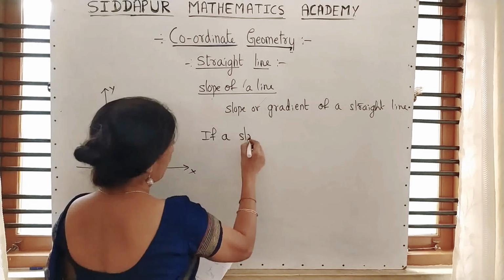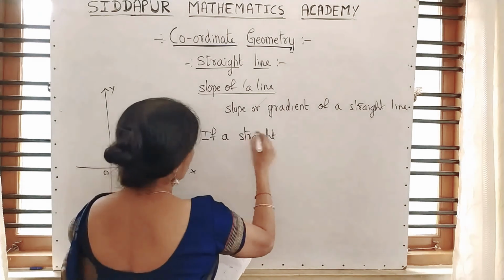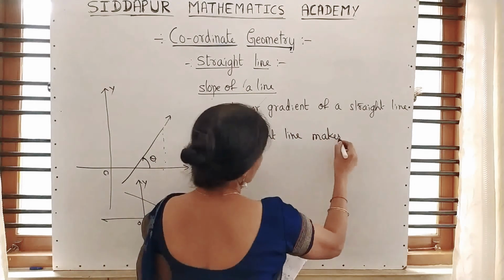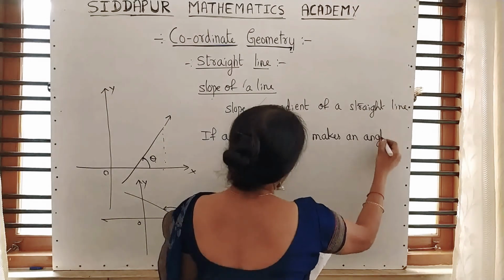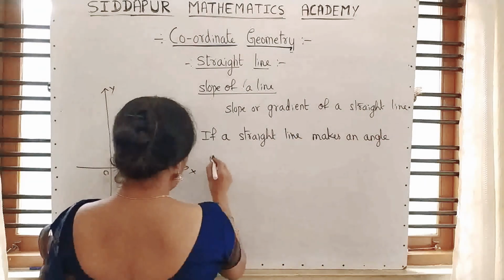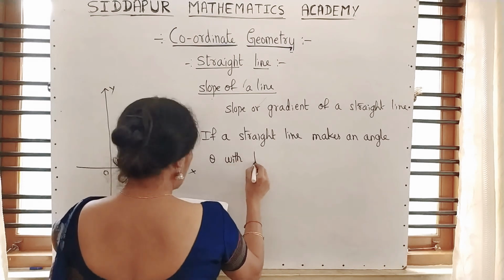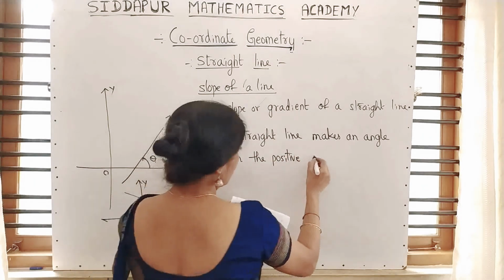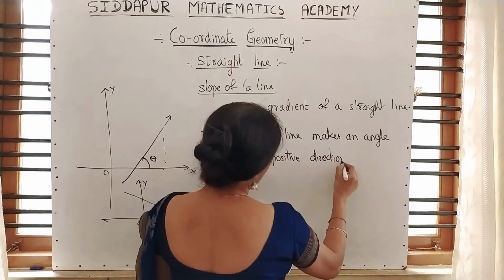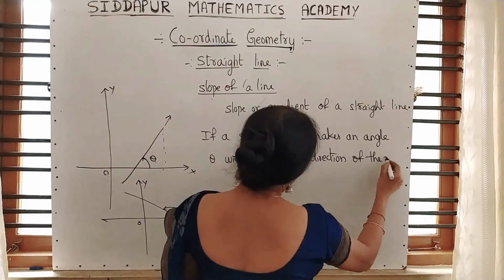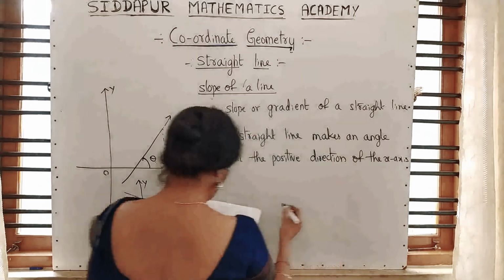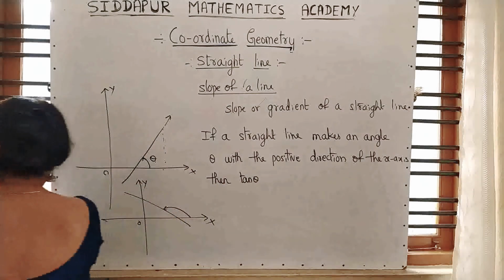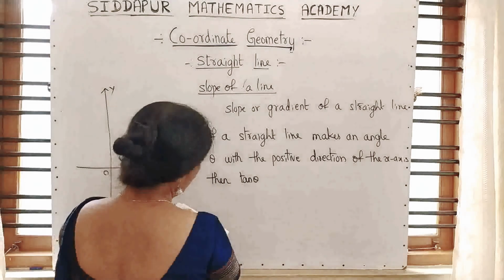If a straight line makes an angle theta with the positive direction of the x-axis, then tan theta, this is very important, I will underline it just to highlight that.